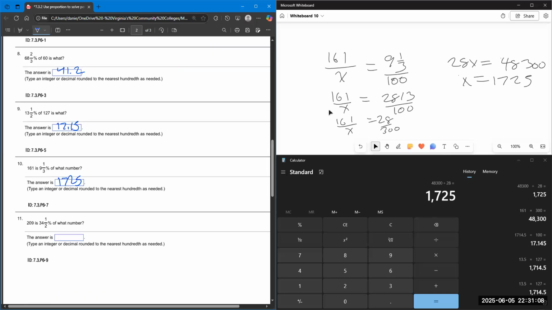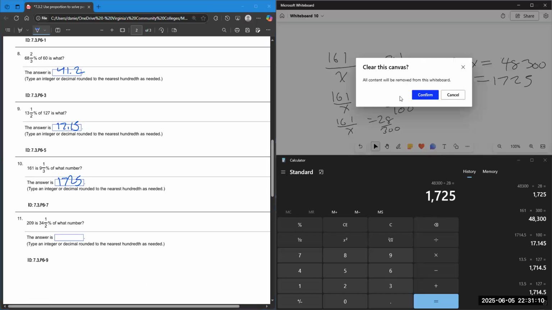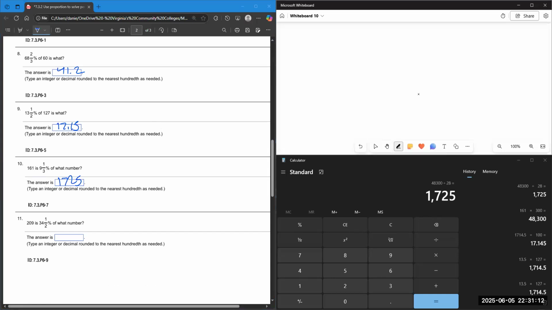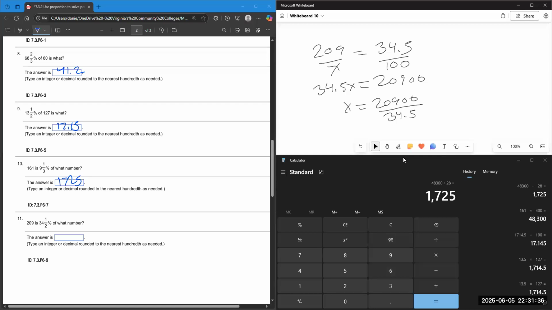One more problem. 209 is 34.5% of what number? So 34.5x equals 20900. X equals 20900 divided by 34.5.